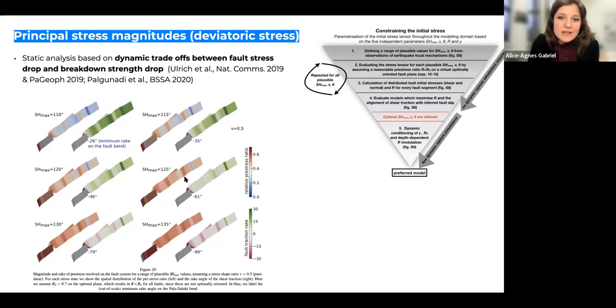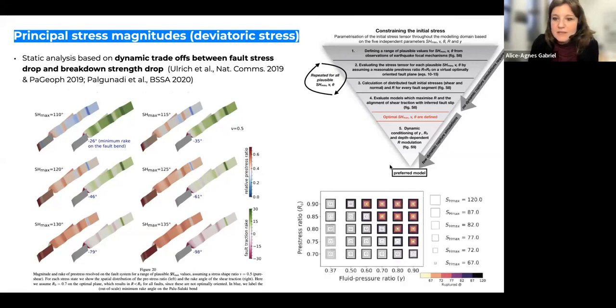And we're checking something that we call the relative pre-stress ratio, which is a measure for the ratio of the strength drop and the stress drop. So it's a dynamic strength of these faults. We're also checking for an optimal rake that this kind of loading would infer, which we can compare to kinematic inferences of rake, so simple rake inferences such as strike-slip earthquakes or thrust or normal faulting.